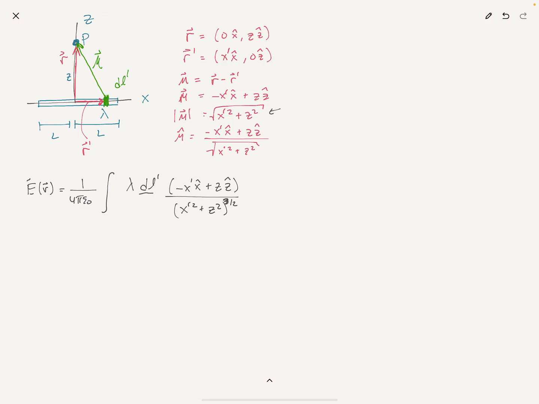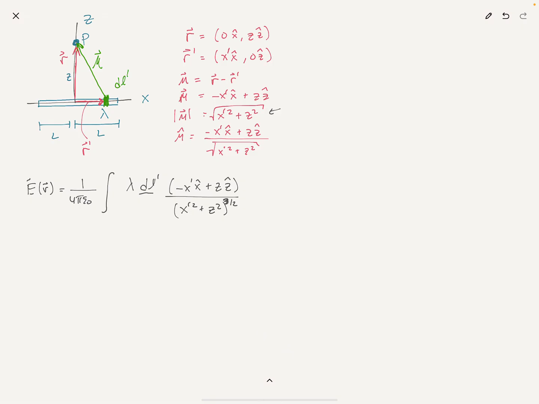Now, we still haven't figured out what dl prime is. dl prime is the infinitesimal length that changes as you go along your charged region. Well, for us, since we've oriented our charged object along the x direction, dl prime is just dx prime. Okay, so that's something that we can change here.